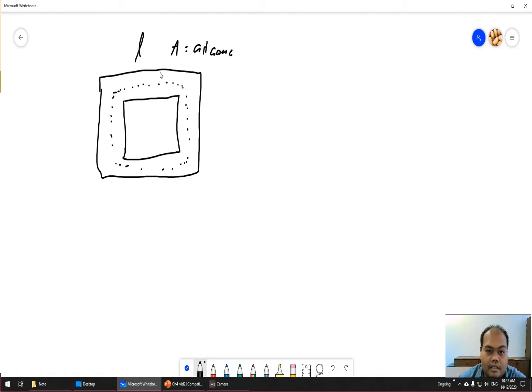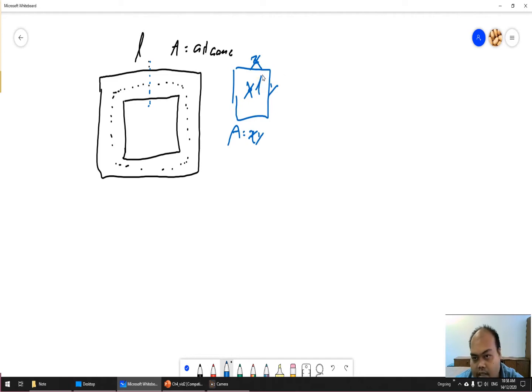The area is perpendicular to the length, which is this part. Maybe the area is rectangular, so this side is x and this side is y, so A is x times y. Remember it is perpendicular. And remember x goes into the screen or paper. And remember the winding.